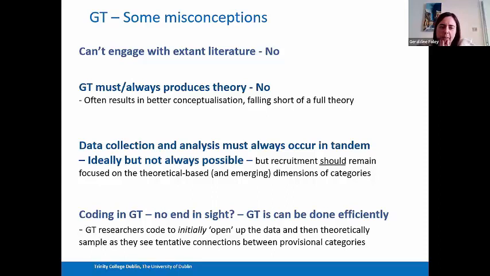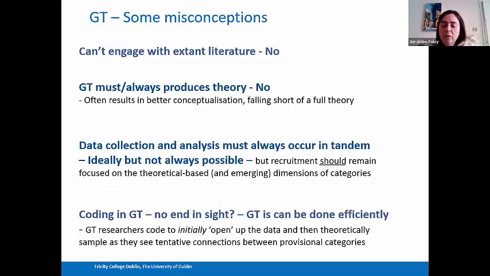Often in research, particularly at a PhD level, you're happy to get participants once they meet your inclusion criteria. So it is possible to analyze chunks of data before you theoretically sample. There's also the misperception that coding in GT, as opposed to coding in other qualitative approaches, is much more time-consuming. That's not the case.